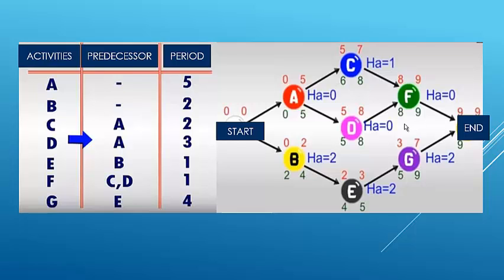The slack is zero on that route that starts with A, D, F, and next the end. And we have identified that the critical route is that one, because if we spend too much time on these activities, the whole project will be delayed.